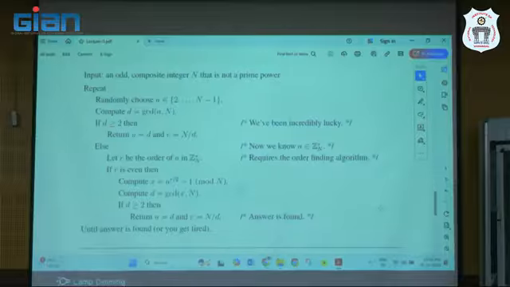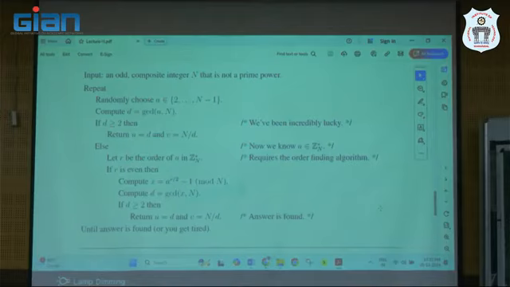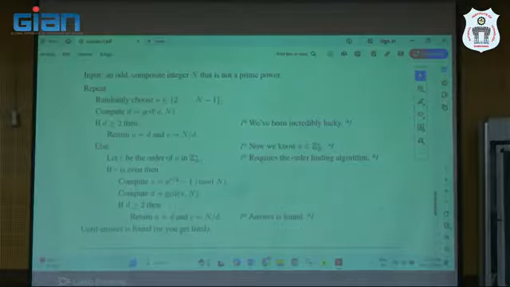What happened? If a number is not a prime power, would the number itself become a prime, or am I missing something? No, 15. 15 is not a prime power. 15 is like 3 to the power 1 into 5 to the power 1.